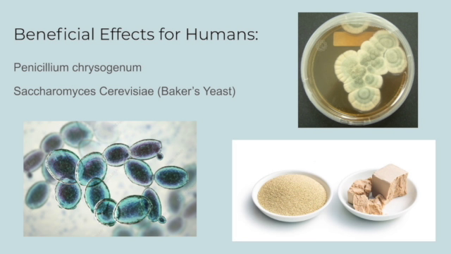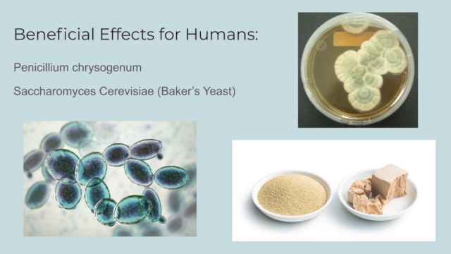And from this, the antibiotic penicillin is able to be produced. This actually triggered a revolution in the treatment of bacterial infectious diseases in the 20th century. So it was a great advancement for that.